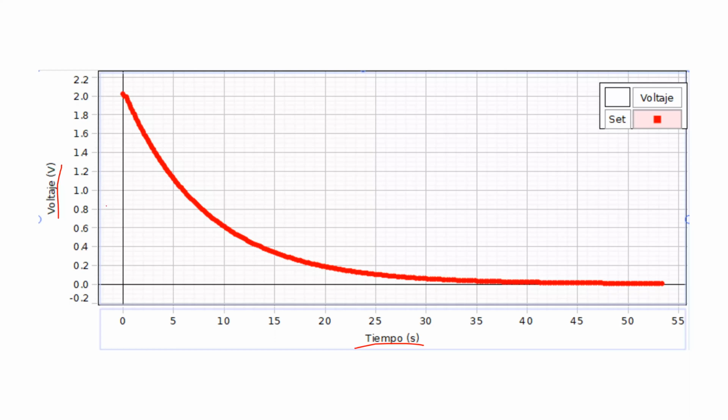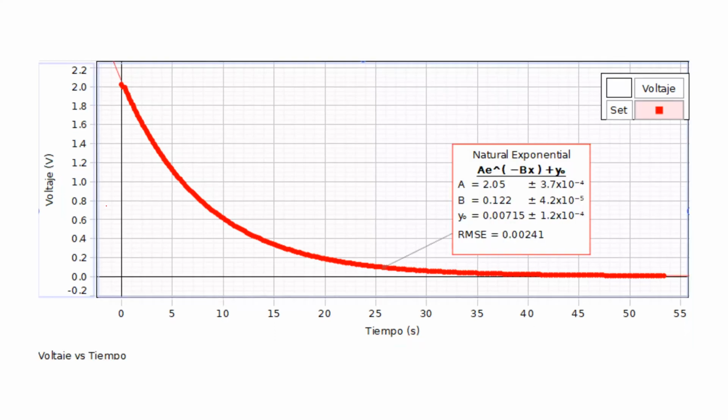Then we learned how to use the tool that tells you the best fit line that you choose. For this one, we specifically chose the one for the natural exponential, which will be this formula right here.